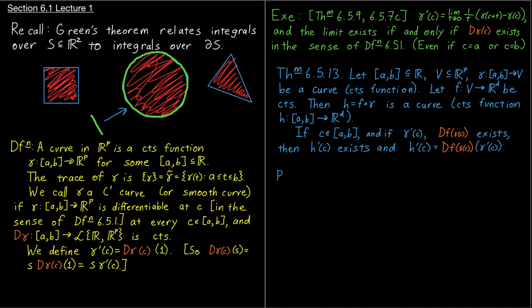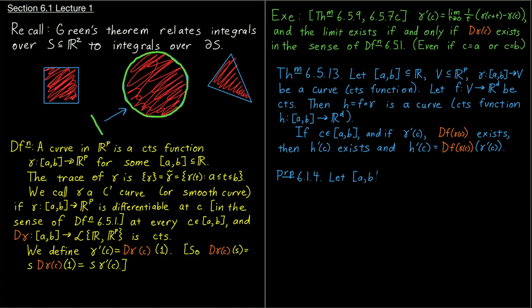One more proposition to finish out our ideas about differentiating curves. And I will again leave the proof of this as a homework problem or exam study problem. This is essentially the product rule.